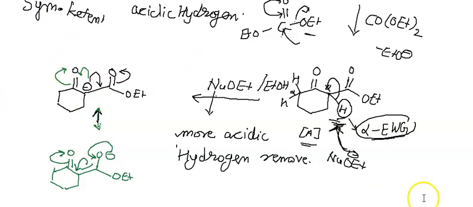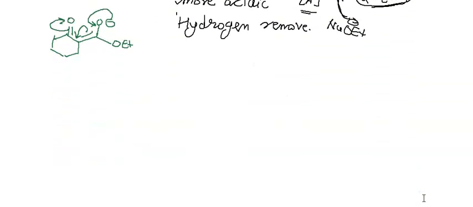In the next step we have MeI. See here, this is your nucleophile, and this negative charge of oxygen can be delocalized, conjugated with this double bond, and this carbon nucleophile will attack the Me, and the iodide is pushed outside.